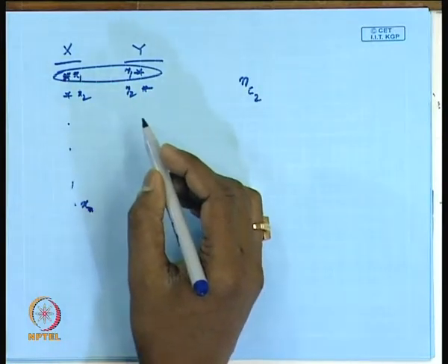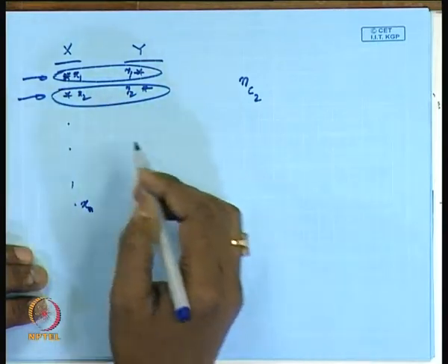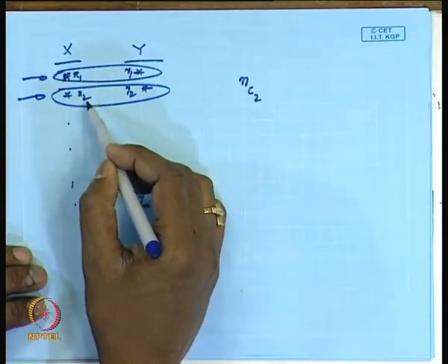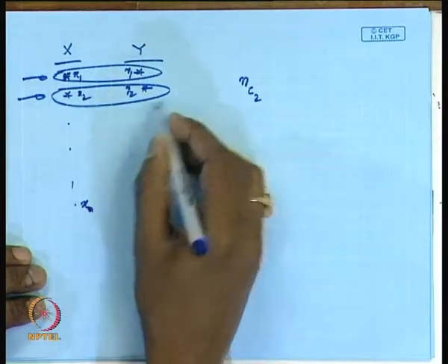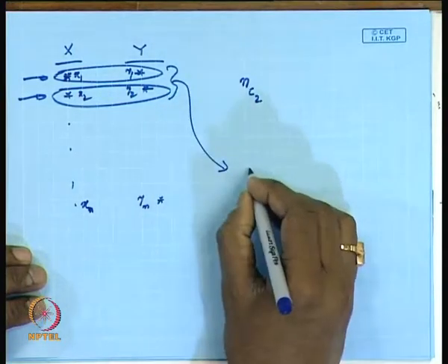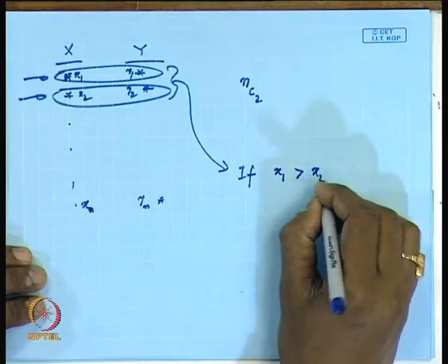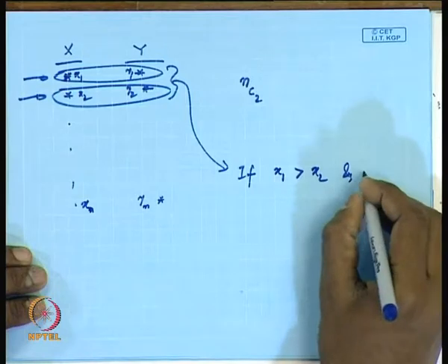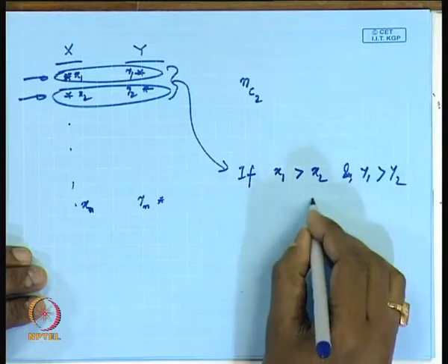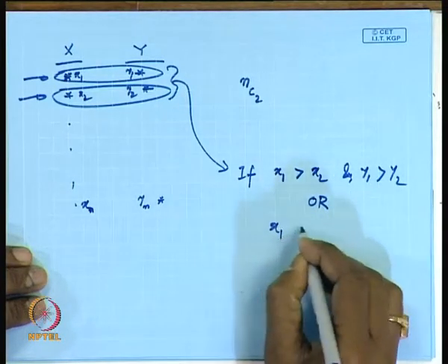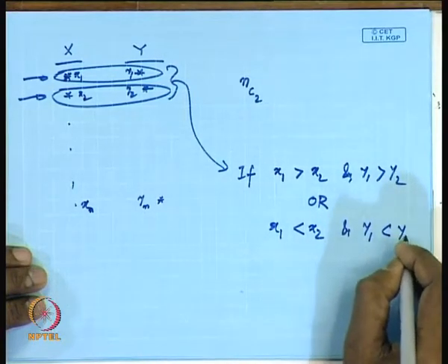Now, after you pick up, say for example, the first pair and the second pair, you have to know whether these two pairs are concordant or discordant. Suppose x1 is greater than x2 and y1 is greater than y2, or x1 is less than x2 and y1 is less than y2.